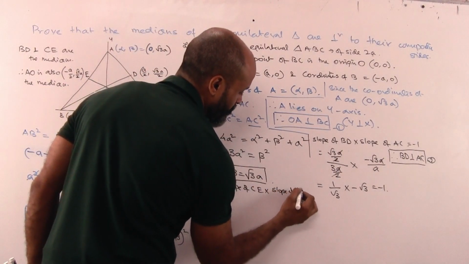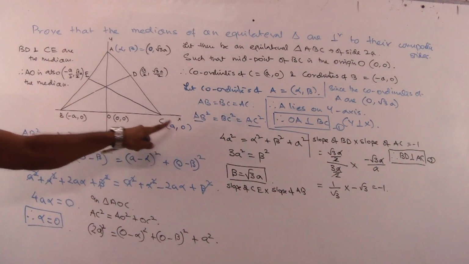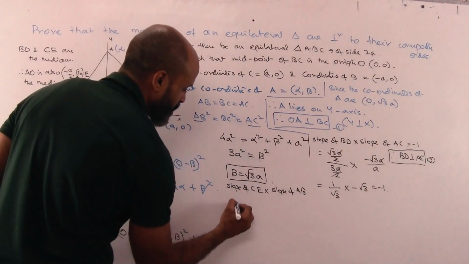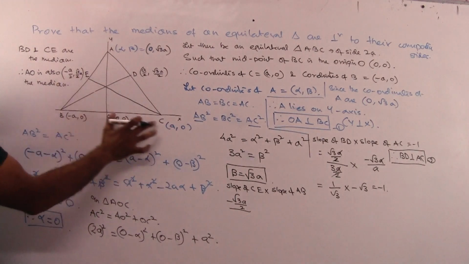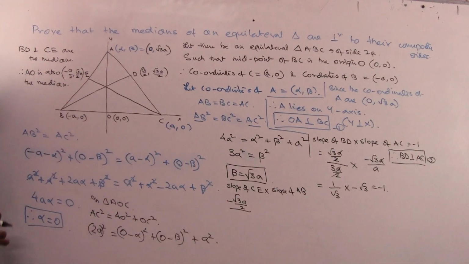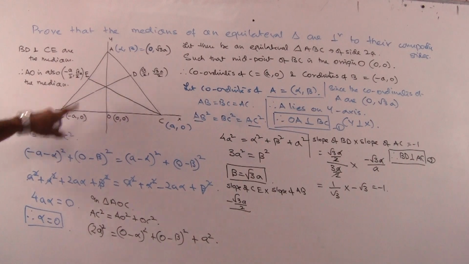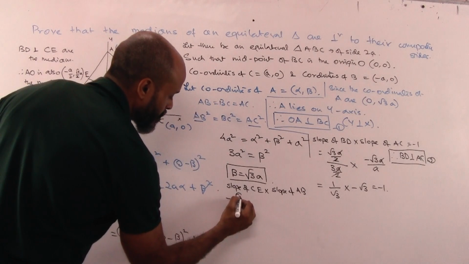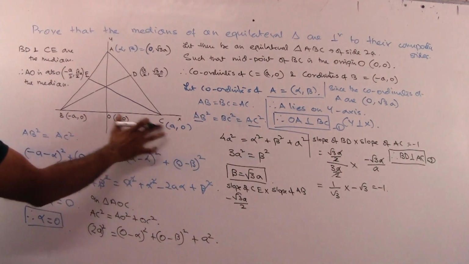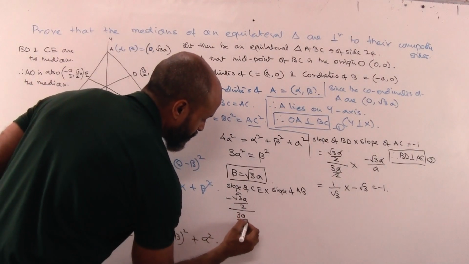Slope of CE will be 0 minus under root 3a by 2, so this will be minus under root 3a by 2, upon a minus minus a by 2, so that will be 3a by 2.